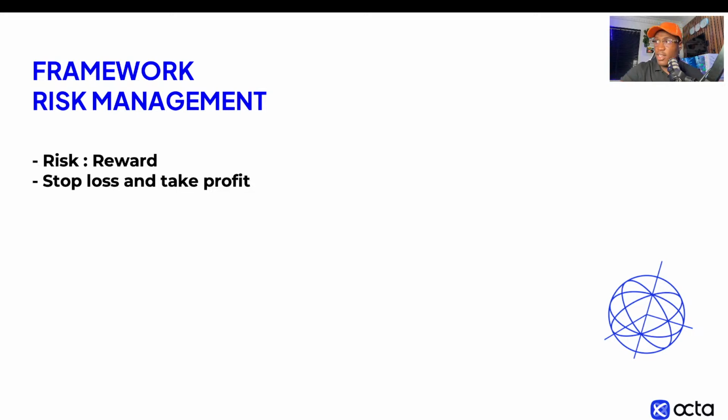So the last thing on your framework should be your risk management strategy. And this is also very important, because your risk management strategy is going to keep you longer in the market than your trade execution strategy. So if you have a good and proper risk management strategy put in place, then this covers how much you want to risk on a trade and how much you want to make in reward on that trade.